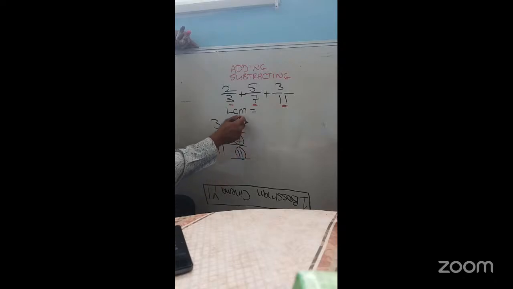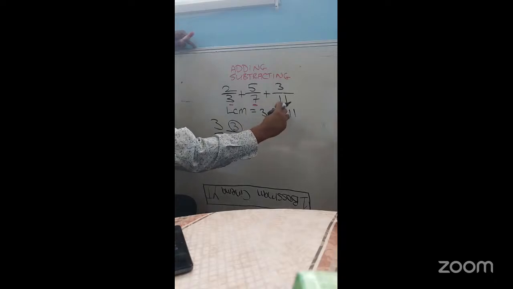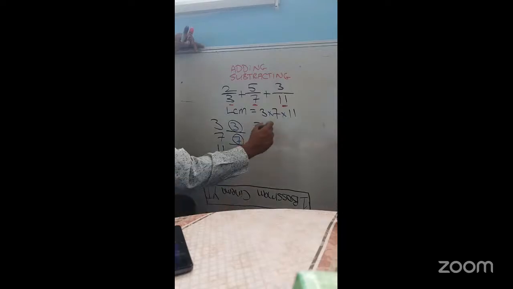This times that. Right? So the LCM is 3 times 7 times 11. Right? So that's what happens when all or the majority is prime. Right? So 21 times 11, 210 plus 21, this is going to be 231.